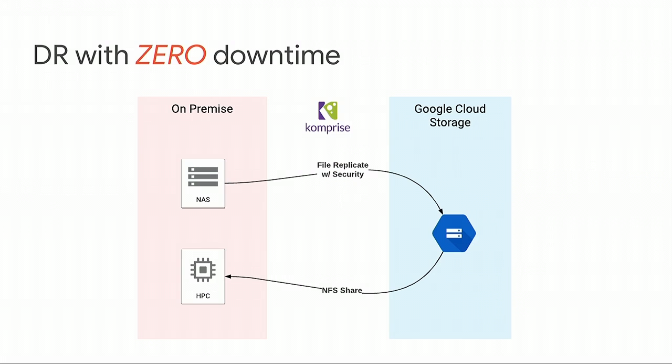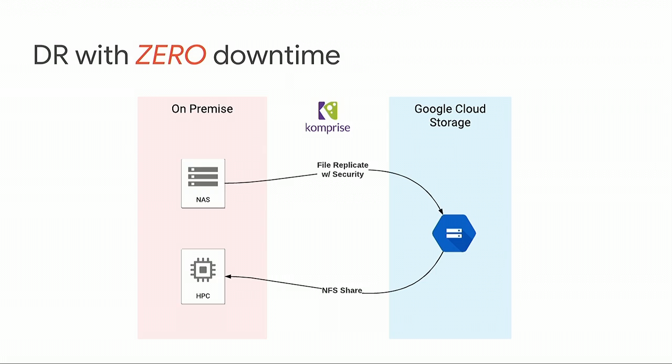That's all fine and good, but what really sold us on Comprise was the capabilities of their software. From this picture, I hope you can see that we were able to replicate all 200 terabytes of our research data out to GCS. Moreover, and this is important, the files came over while preserving all file attributes.